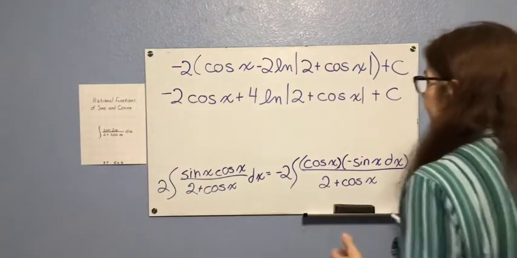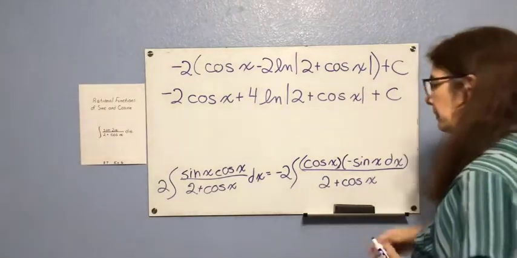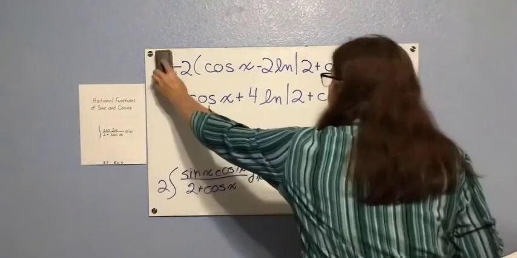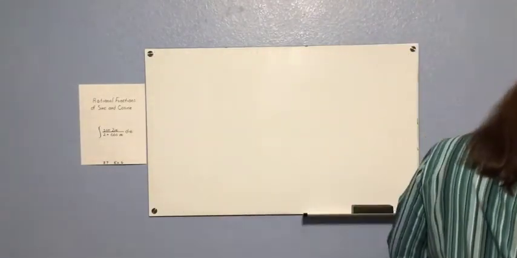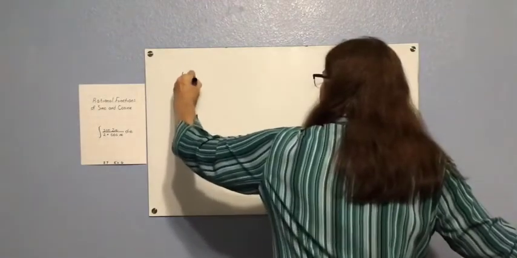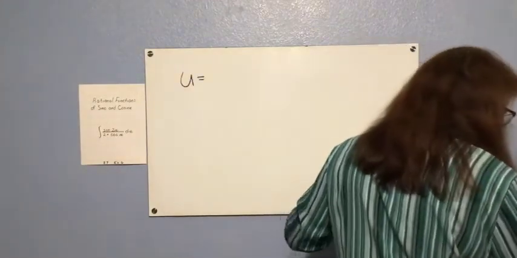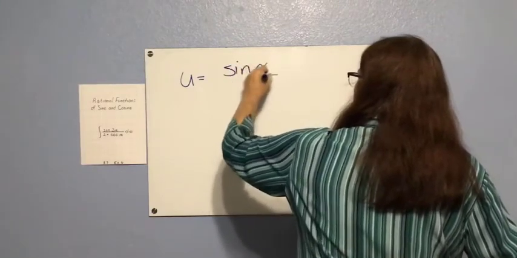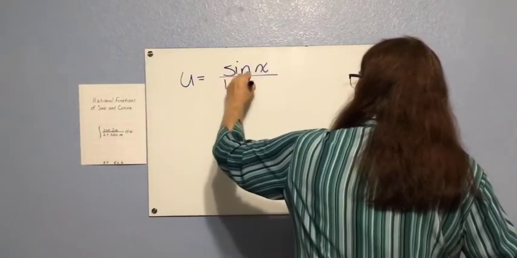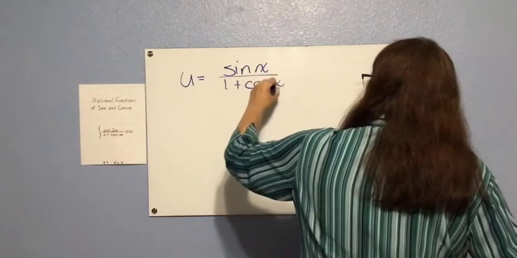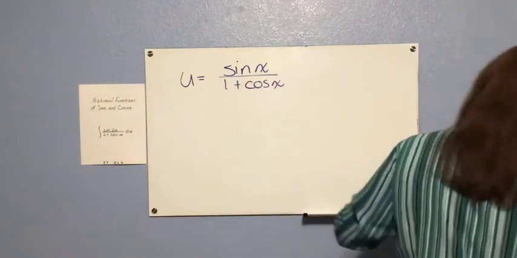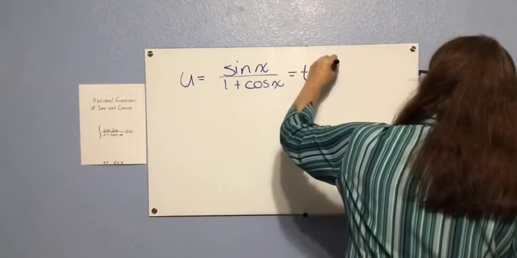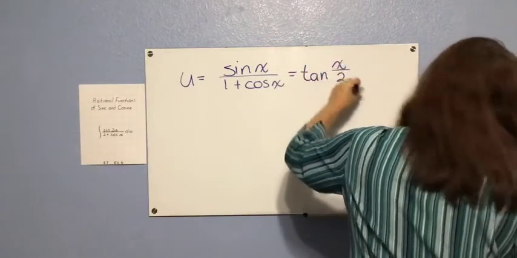Okay, if I can't find an integral that fits my problem, there are some conversions that I can do. If I let u equal sine x over 1 plus cosine x, that's also tangent of x over 2.